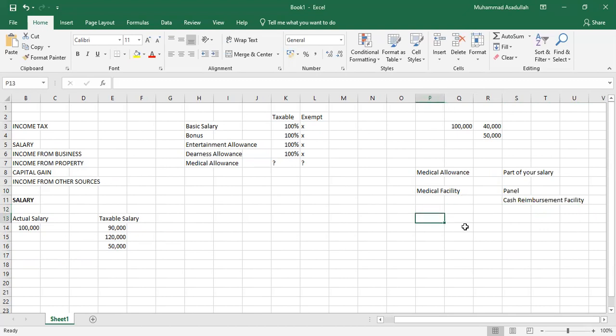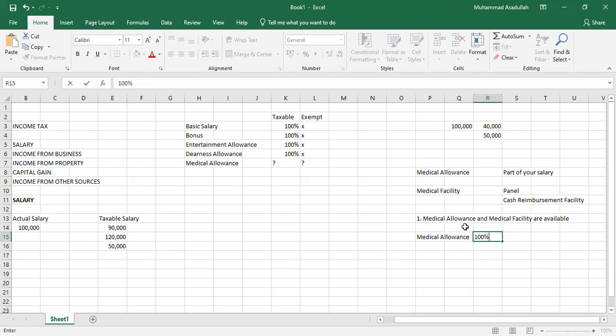Now the question is, what is the tax treatment of the medical allowance? First, we should know, in the first case, if medical allowance and medical facility are both available, then the value of medical allowance is 100% taxable.